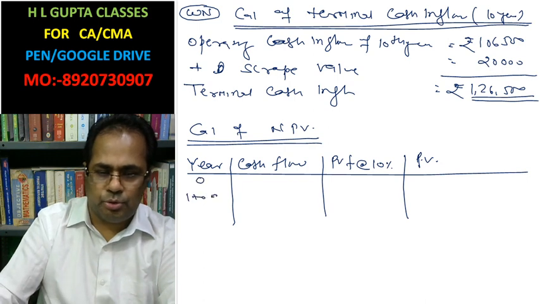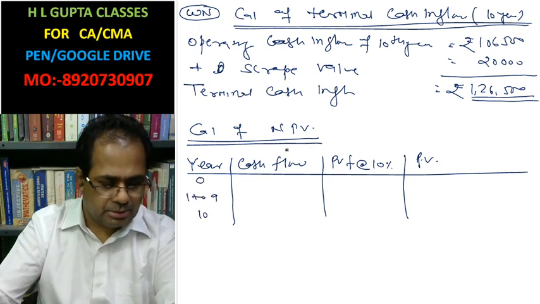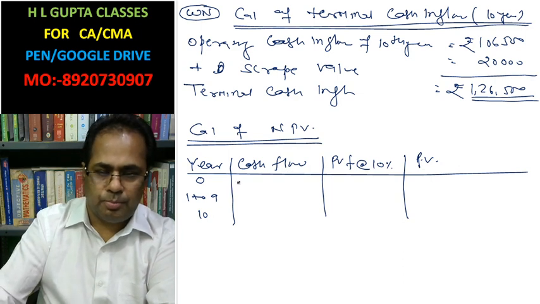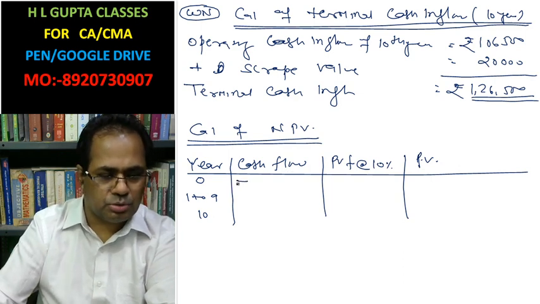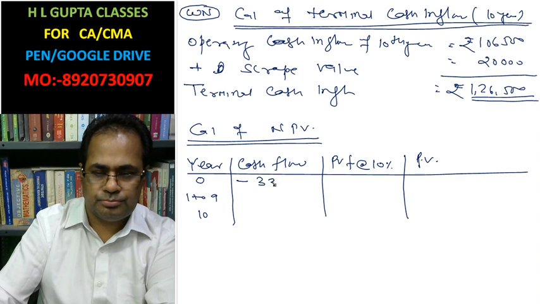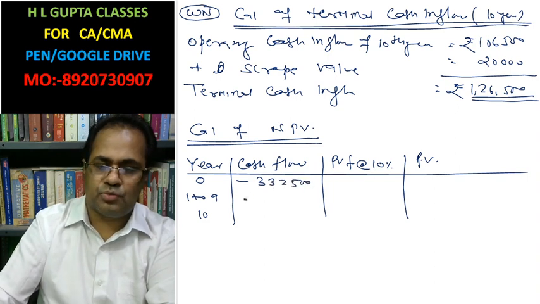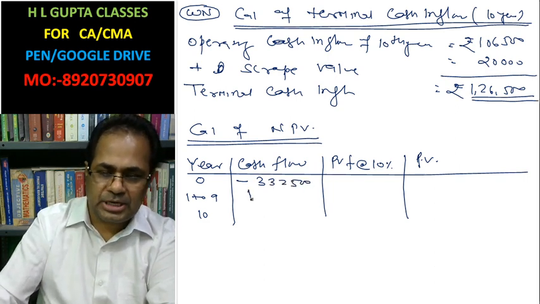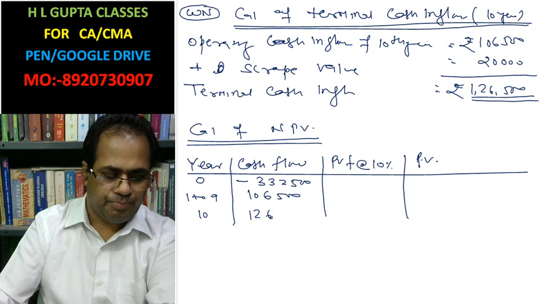Year 0, 1 to 9, 10. Minus 3,32,500 is your outflow. Each year cash inflow is 1,06,500. Terminal cash inflow 1,26,500.